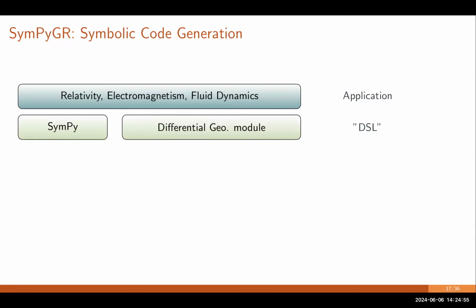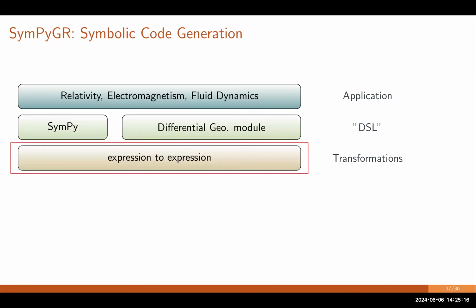And basically, you have the SymPy module, which can do these symbolic manipulations, and also a differential geometry module, which supports some of the derivative evaluation that is needed for GR.